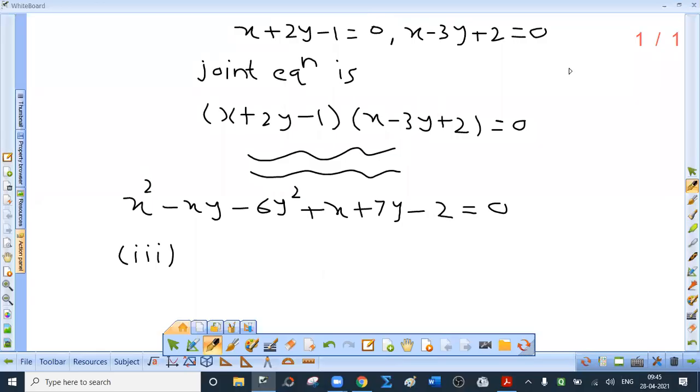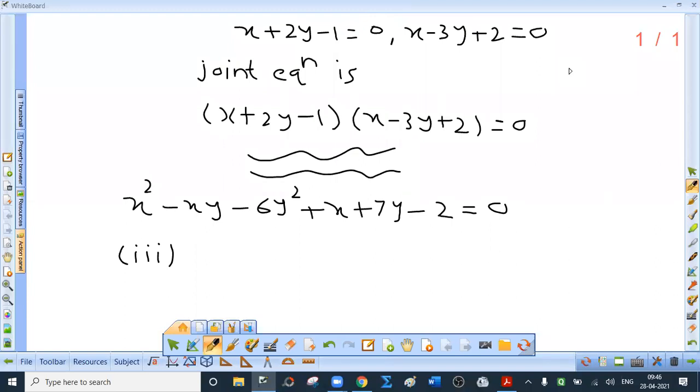Third part, passing through 2, 3 and parallel to the coordinate axis. Okay, write down.